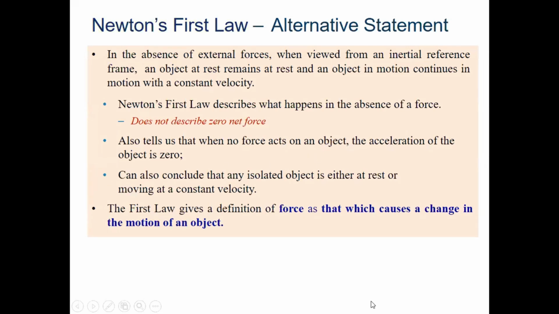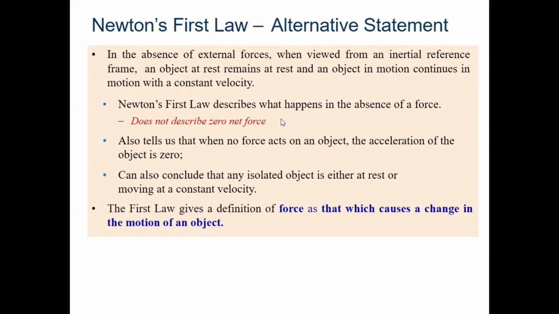Newton's first law has another alternate statement: in the absence of external forces, when we don't see any net force, when viewed from an inertial reference frame, which we are going to interpret in coming slides, an object at rest will remain at rest, and an object in motion will continue to move with a constant velocity.